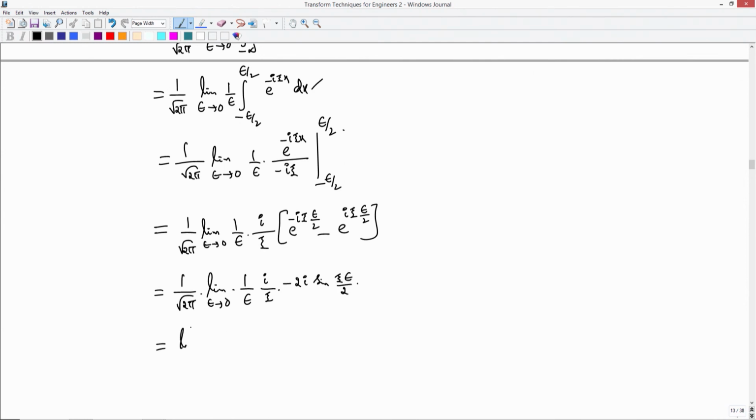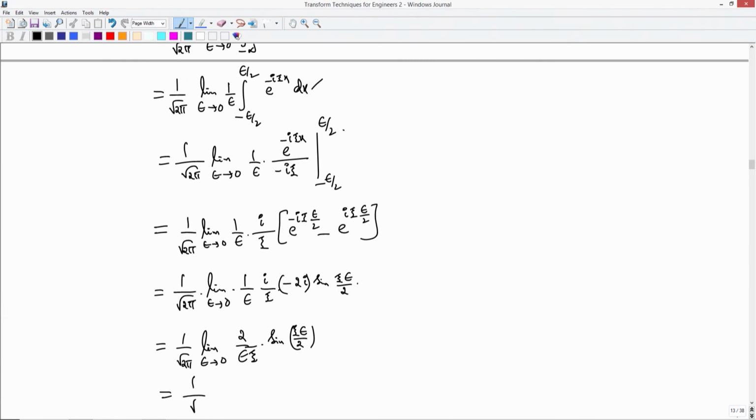So this is 1 by root 2 pi, limit epsilon goes to 0, 2 by epsilon xi times sine xi epsilon by 2.